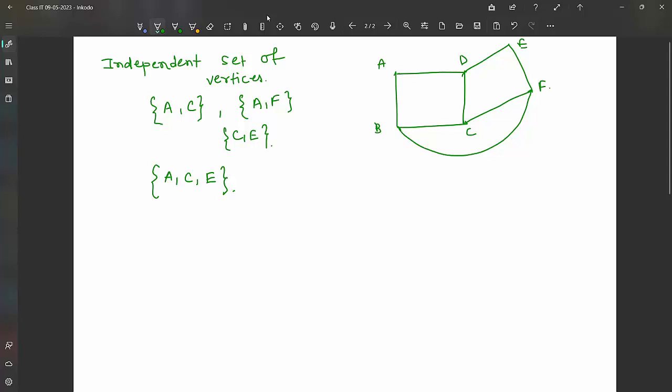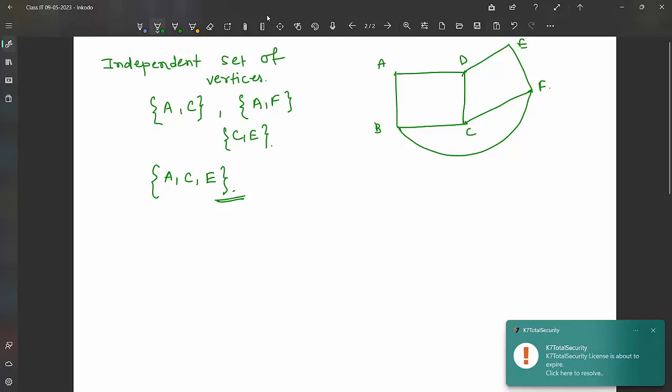Any other 3-element set present here? I think no. If you start from A, then B, C, D are adjacent to it, and E and F are also adjacent. So only one 3-element independent set is present here, which is A, C and E.